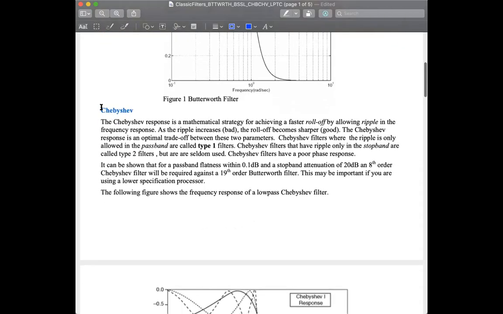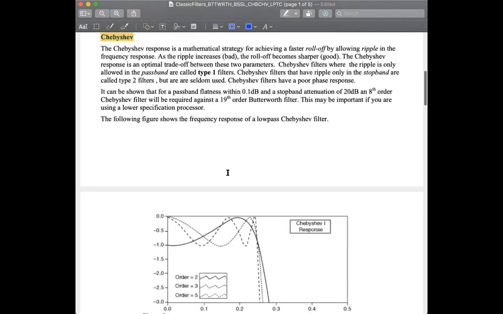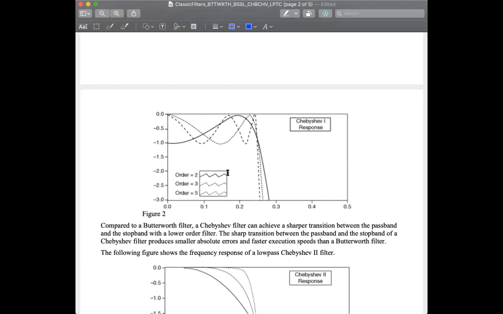If you go to the Chebychev filter, friends, here is the trick. In the Chebychev filter, there is a ripple here. No ripple here. Actually, friends, it is totally mathematics. We are trying to find such numerator divided by denominator polynomials, and then for different x, we are trying to obtain such characteristics.